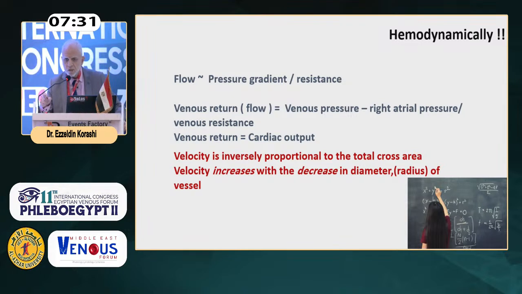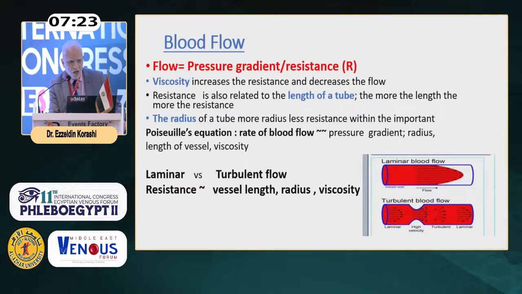If there is some resistance, some stenosis, the velocity increases at the stenotic segment. Viscosity also is an important parameter, and the resistance is related to many factors, most important of which is the length of a tube. The longer the tube, the more the resistance.